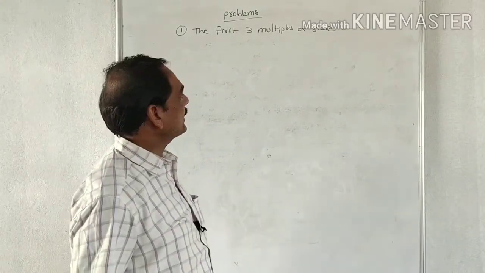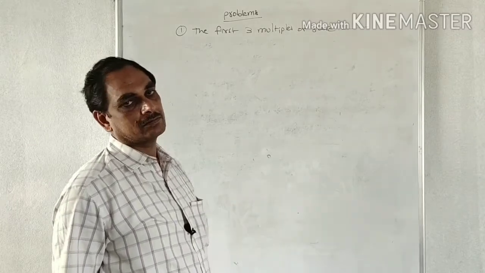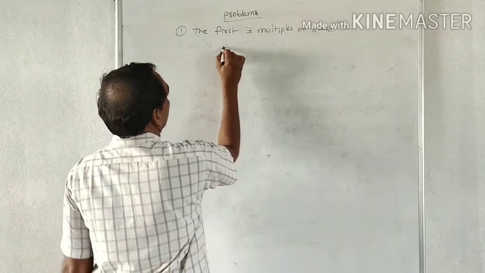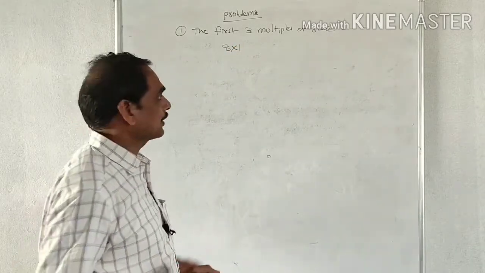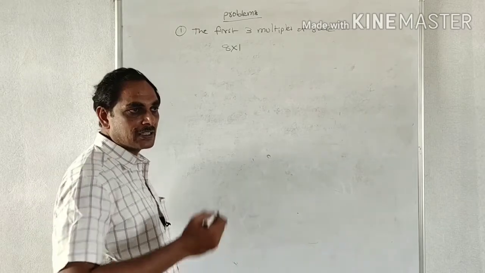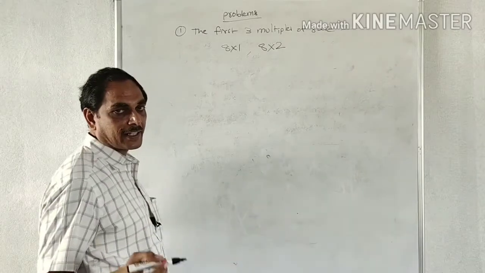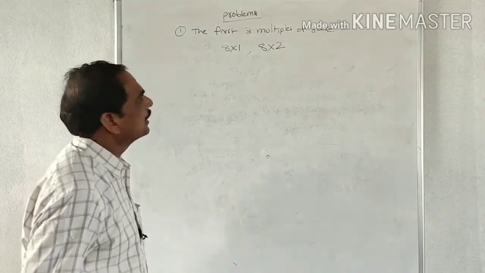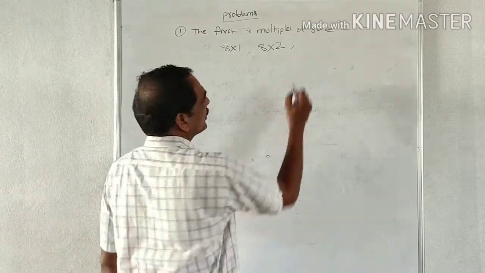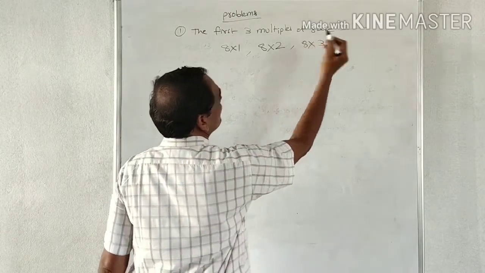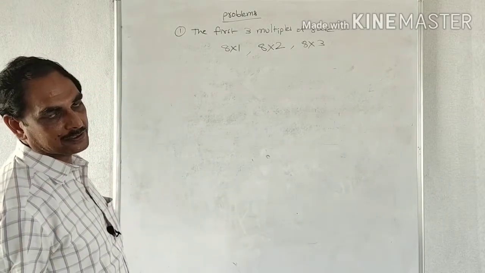So to get first multiple of 8, we multiply 8 by 1. So 8 into 1 is the first multiple of 8. And what is the second multiple of 8? When we multiply 8 by 2, we get second multiple of 8. And to get third multiple of 8, we multiply 8 by 3. So these are the first 3 multiples of 8.